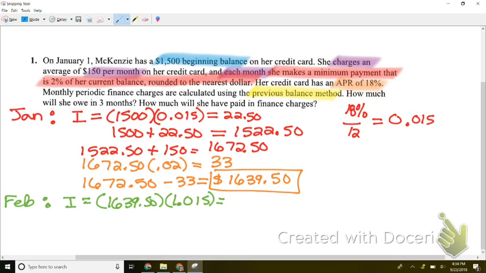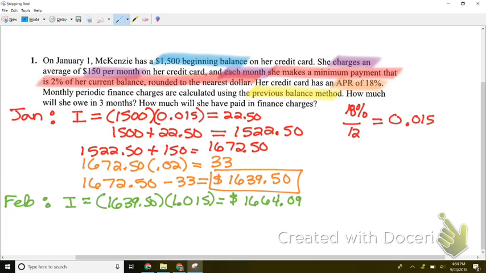So the 100% would be the principal, and then the 1.5% would be the interest. So 101.5% would be the ending balance. Now that is going to give me $1,664.09 if I round it off to the nearest penny.